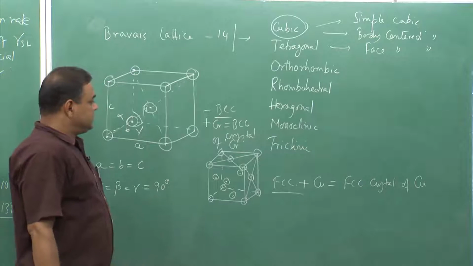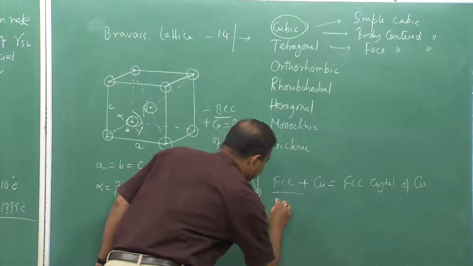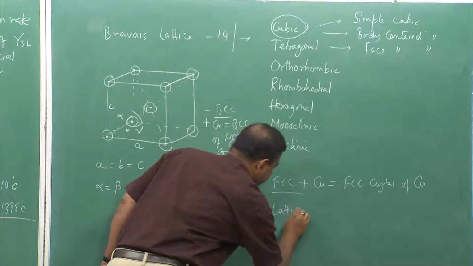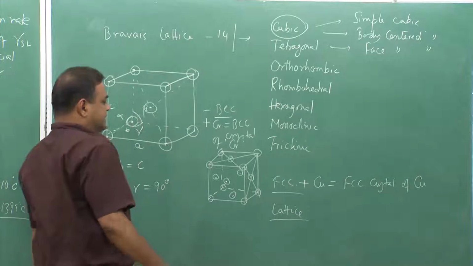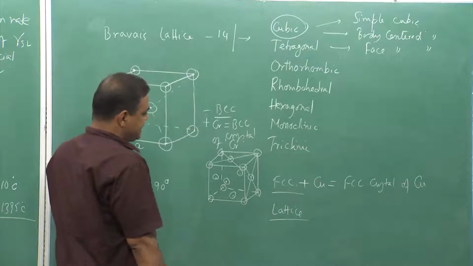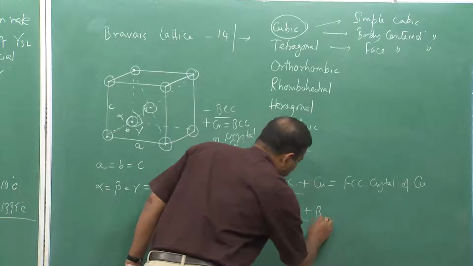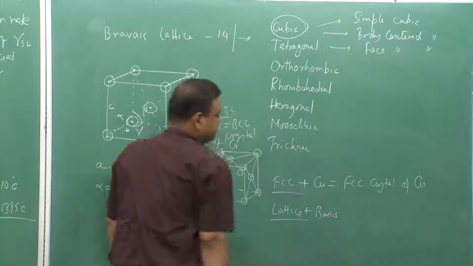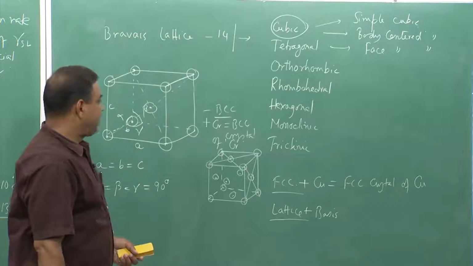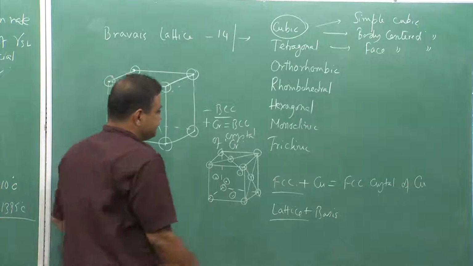So, if this is my lattice, an arrangement of points, and then we put bases, that means copper atoms, then it becomes a crystal.